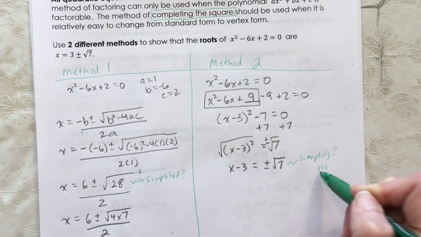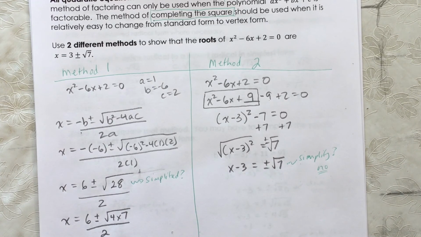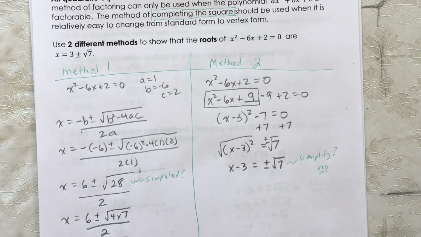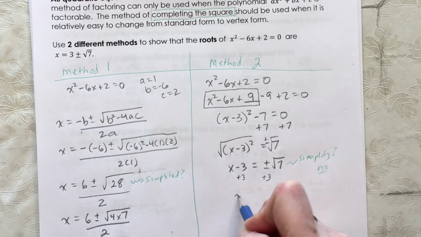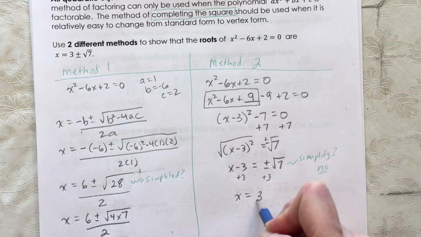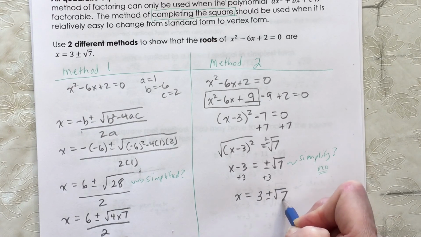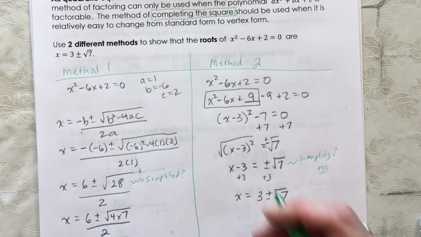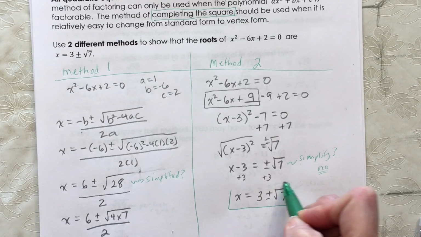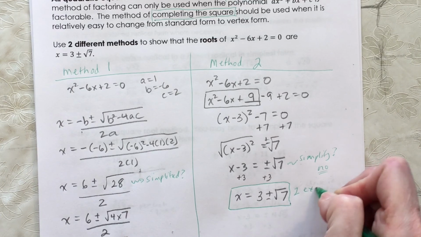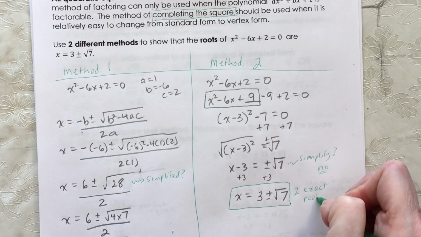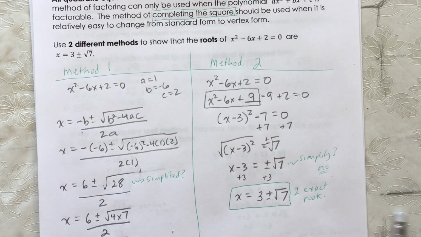And that's a no. Okay, so 7 is not divisible by a perfect square. Add 3 to both sides. And I get x equals 3 plus or minus root 7, which is what I was trying to prove again. So I've used 2 methods to get the same 2 exact roots in simplified form. Okay?